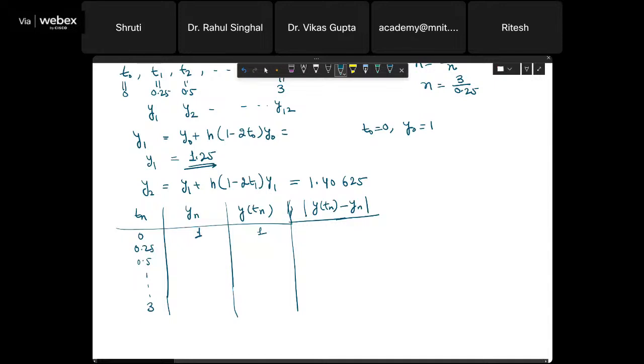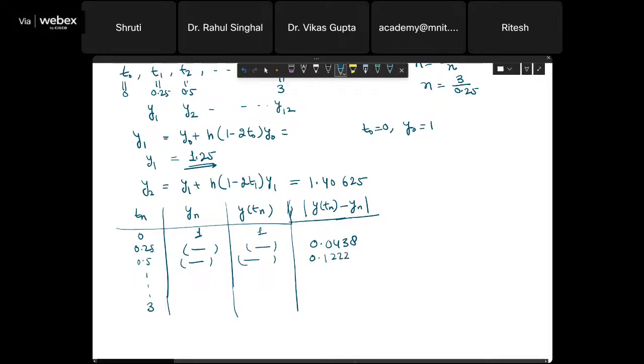You can even draw the graph and see the pattern in the error. Here we observe that in this case the error comes out as 0.0438, and corresponding to this we can fill. Okay, I am not writing everything.